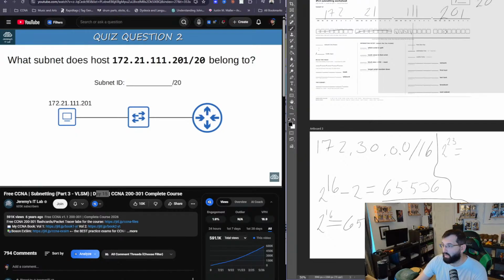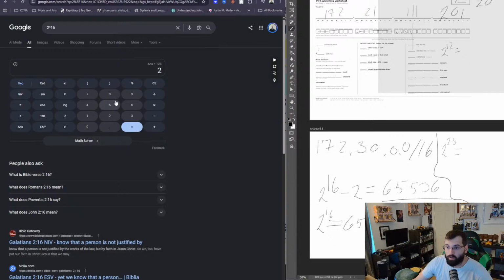So that means that we have 8, 9, 10, 11, 12. So we have 12 host bits. So we need to go over here and do 2 to the power of 12 equals our number of addresses, because 12 is our host bits.